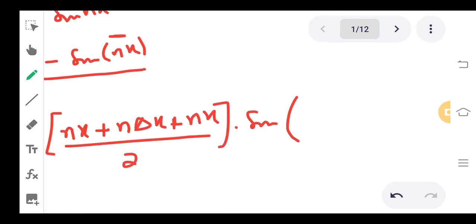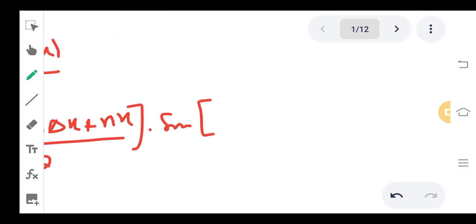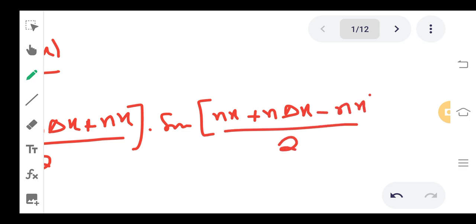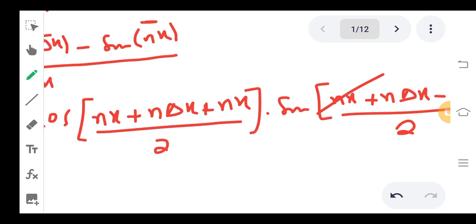The first angle will be nx plus n delta x and minus nx over 2. You are familiar with that. This will cancel, and here nx and nx will be 2 nx.